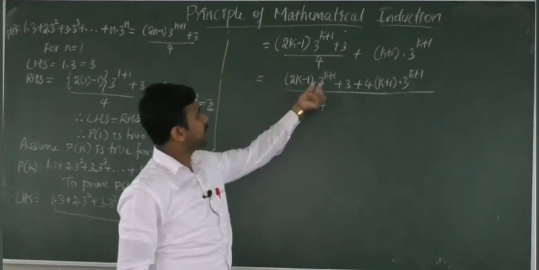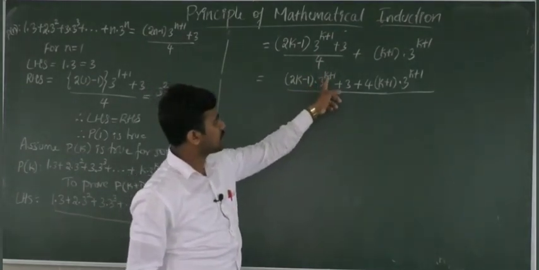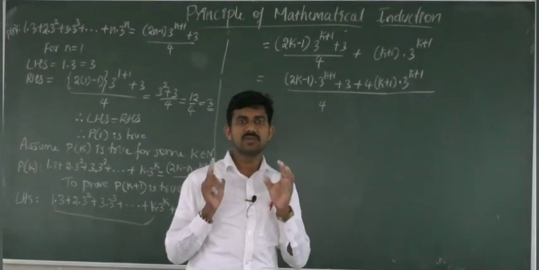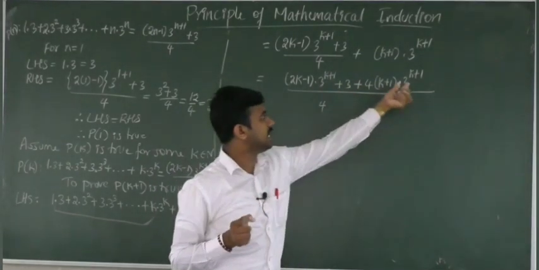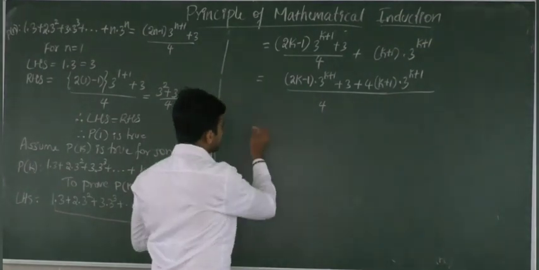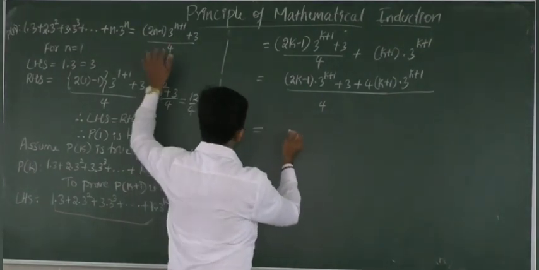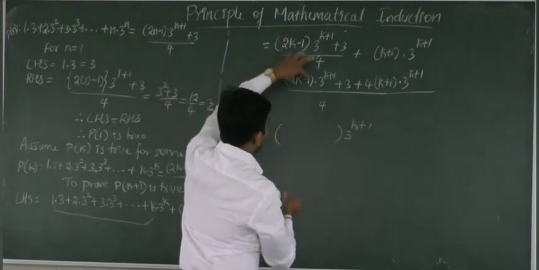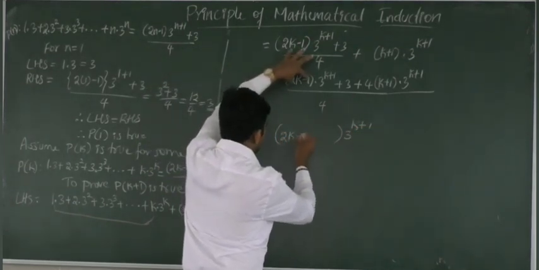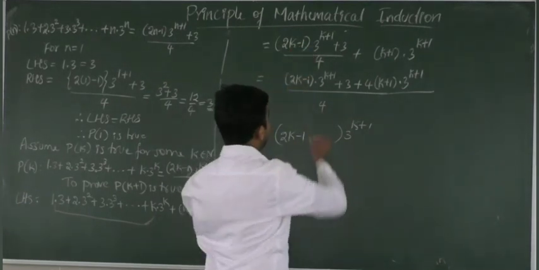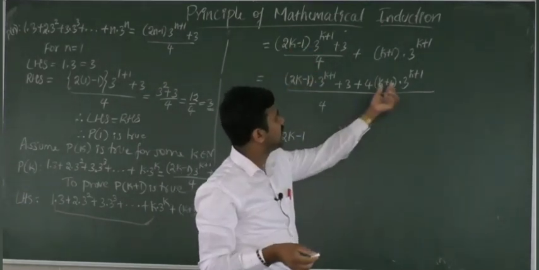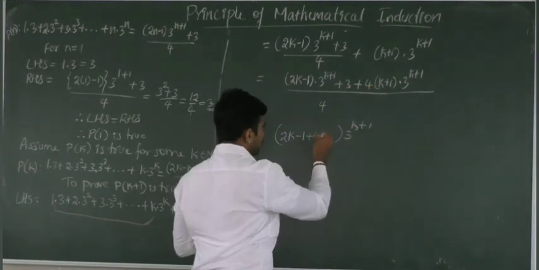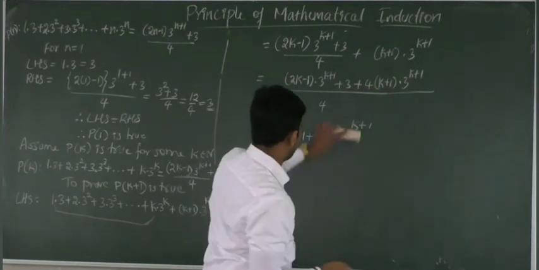Because see, in the first term we have 3 to the power (k plus 1), and in the last term also we have 3 to the power (k plus 1). So the same term is repeated here. So if you take 3 to the power (k plus 1) outside, what remains here is 2k minus 1, plus 4 into (k plus 1).